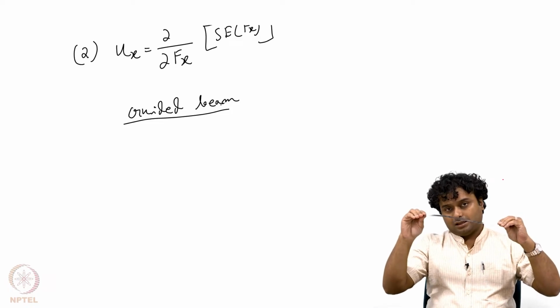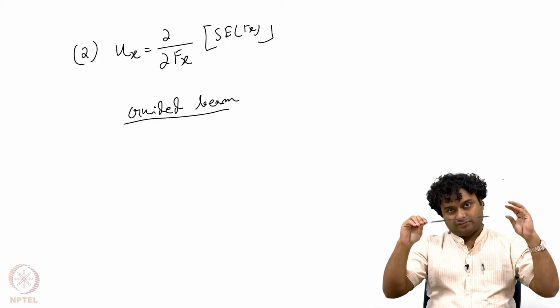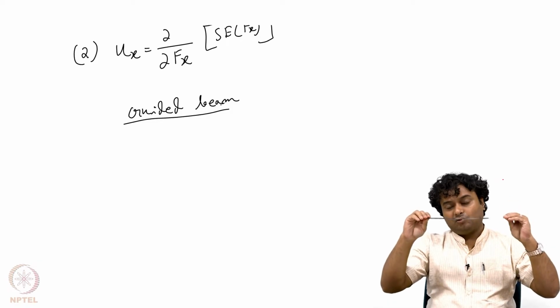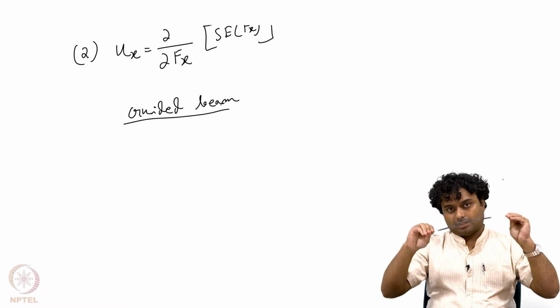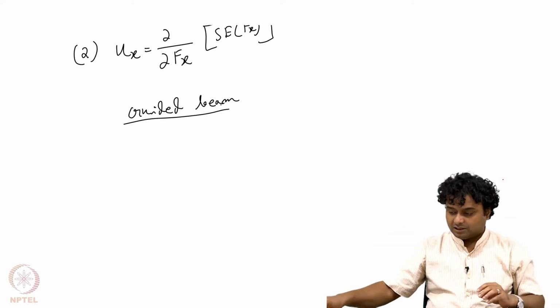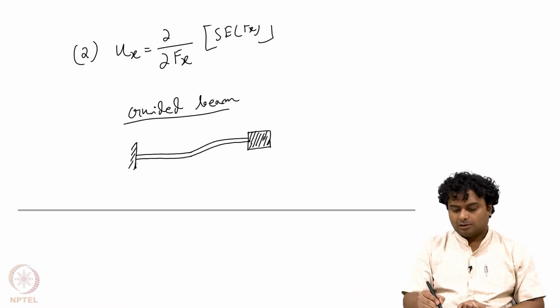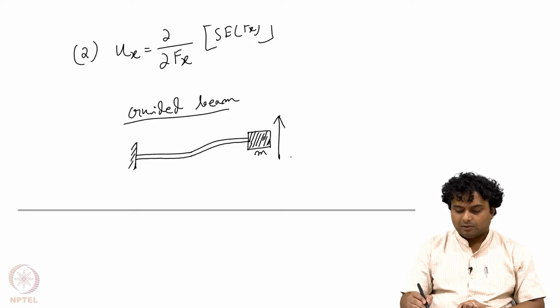Only this end is fixed and the other end is moving, but only up and down. So let's assume this side of the cantilever is fixed, and the mass is connected to the other end, and that mass is moving only in this direction, so there is no x-axis movement or rotation in the frame.